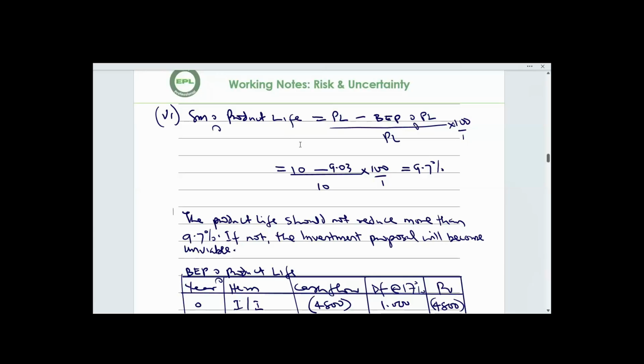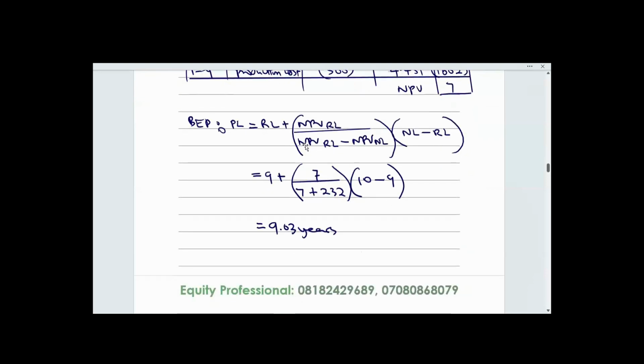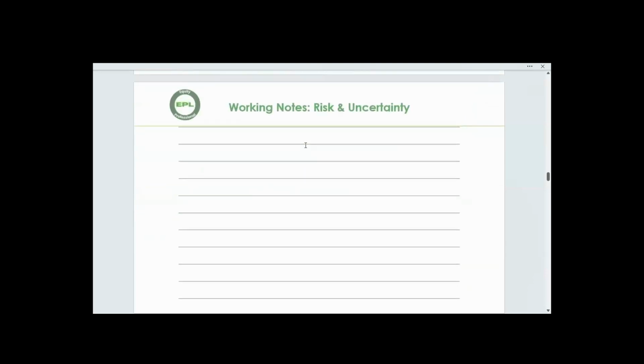That's it. The last one is sensitivity margin of cost of capital. Number 7. Sensitivity margin of cost of capital, which is equal to internal rate of return minus cost of capital over cost of capital, multiplied by 100 over 1.